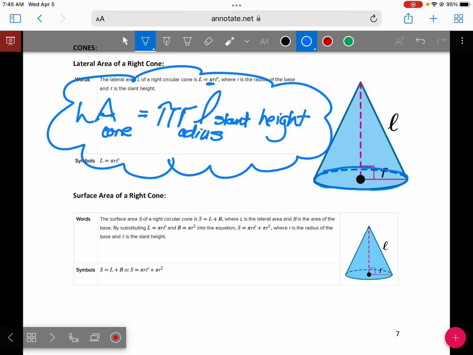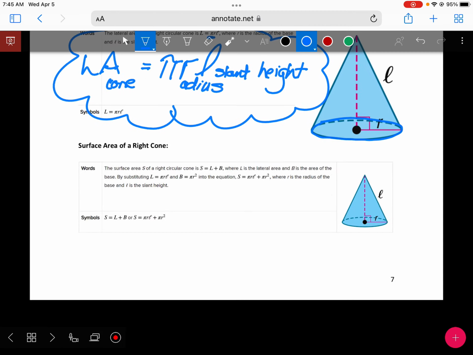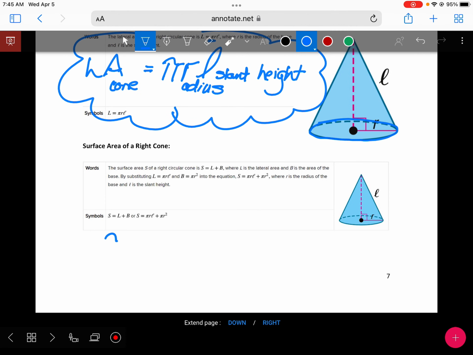Okay? And then for the surface area, it's going to be the lateral area plus your one base.